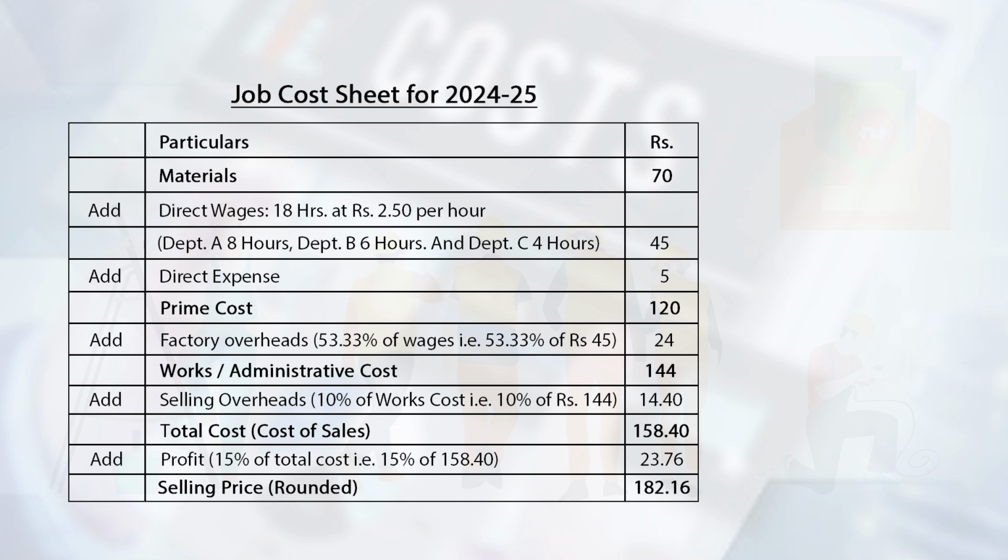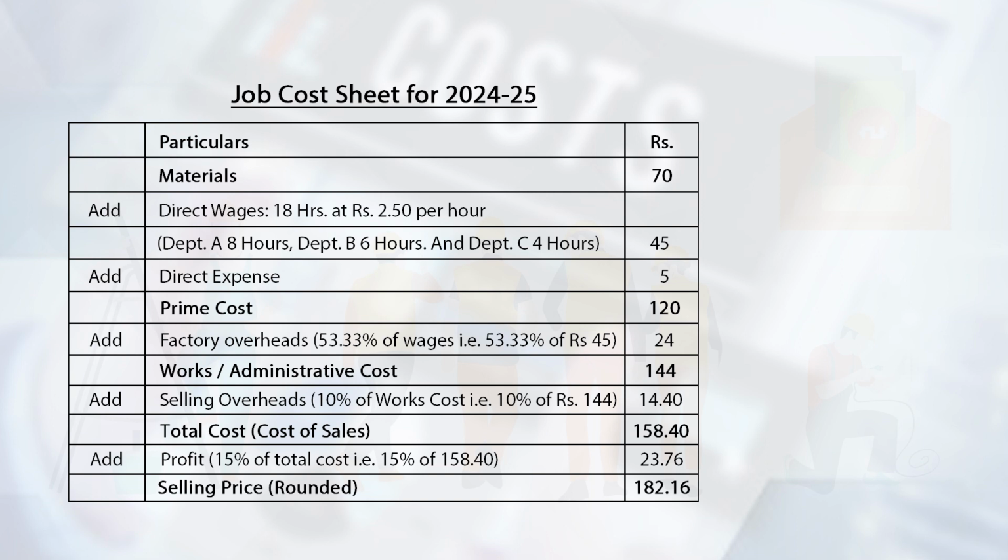Prime cost comes to rupees 120. In that, add factory overheads, which is 53.33% of wages, that is 53.33% of rupees 45, amount comes to rupees 24. It will give us works or administrative cost of rupees 144.